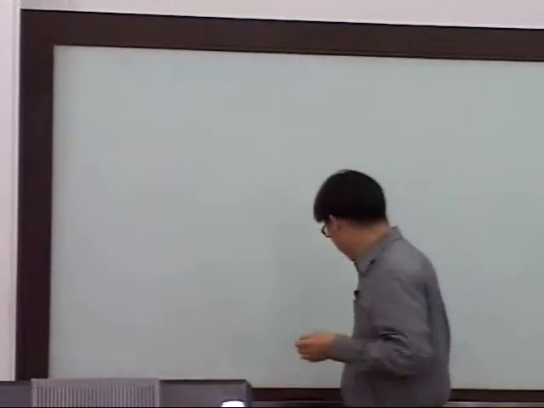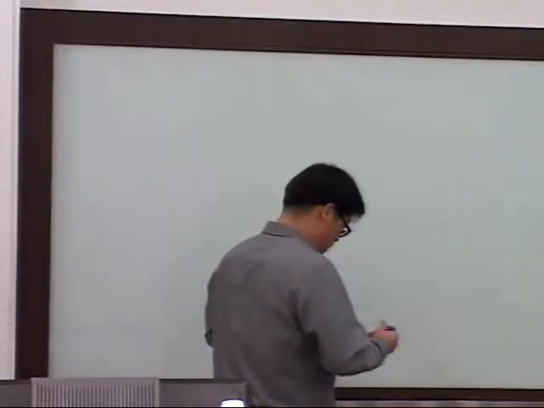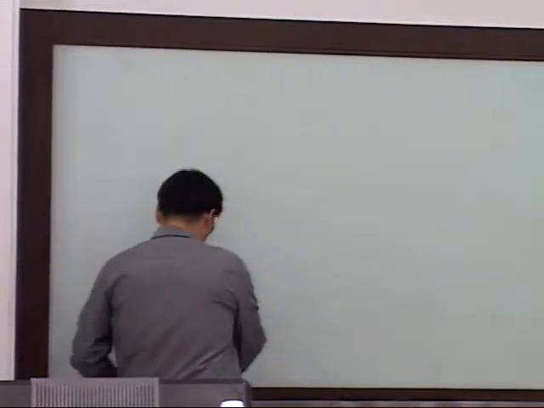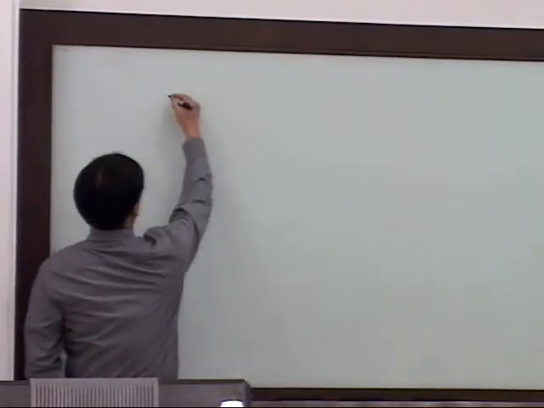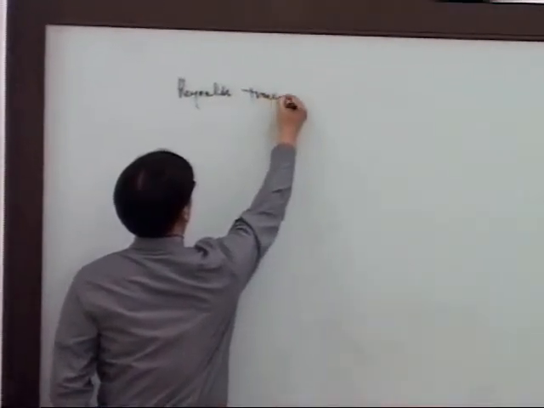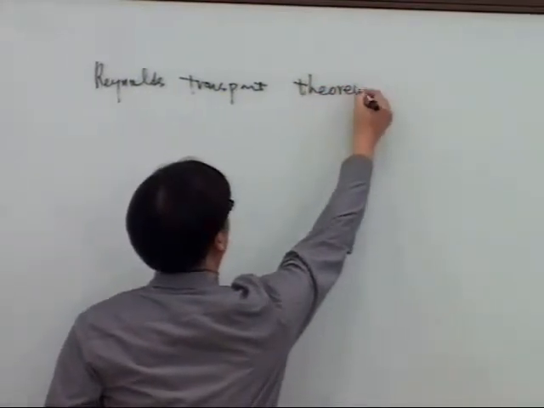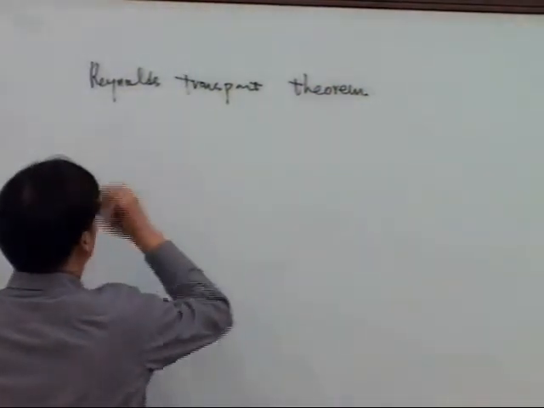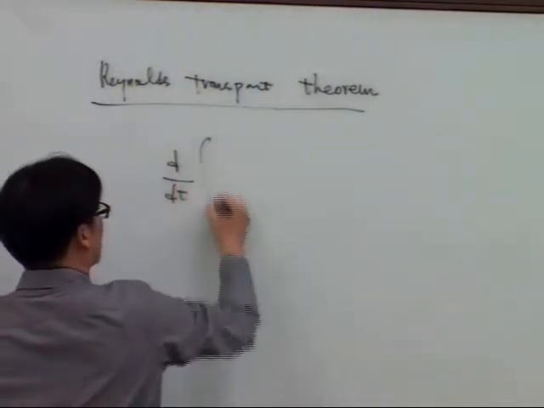So last week we discussed the conservation laws, and this is a quick review. So we start with the Reynolds transport theorem, which can be written in this way.